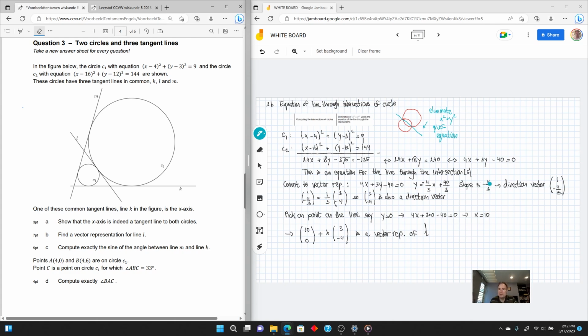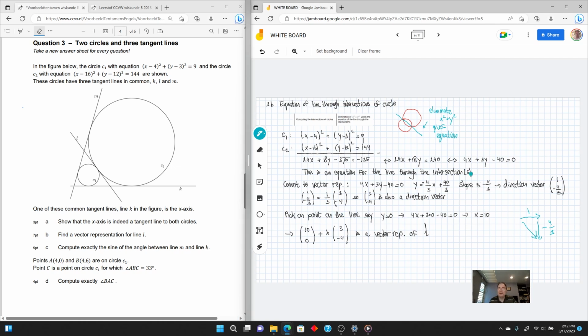And if that's the slope, then the direction vector is 1, minus 4 over 3. Right? I do one step to the right, and I go minus 4 over 3 down. That's what this number means. So that gives us immediately the direction vector.